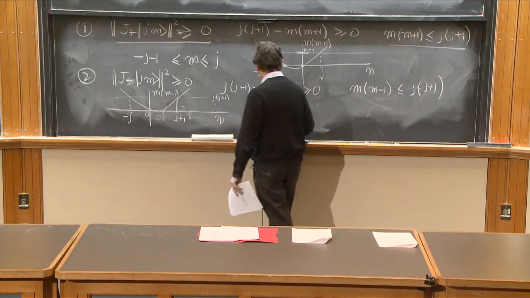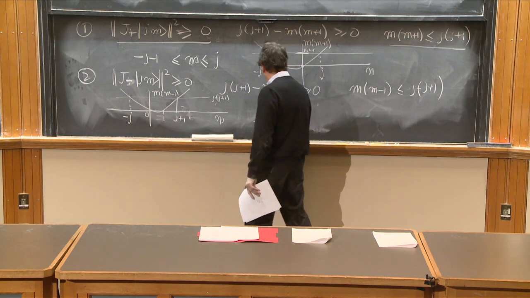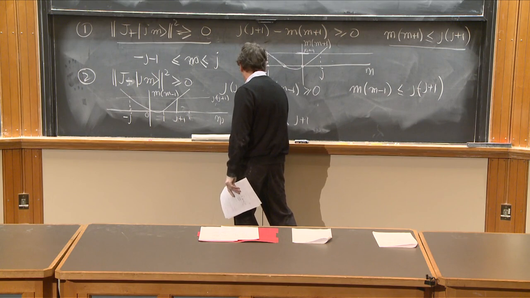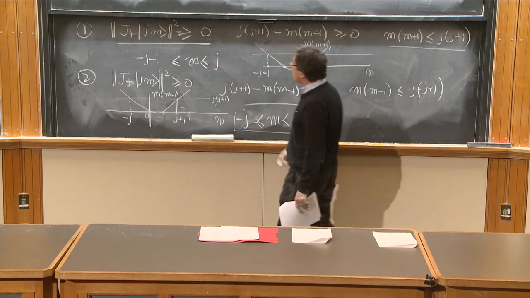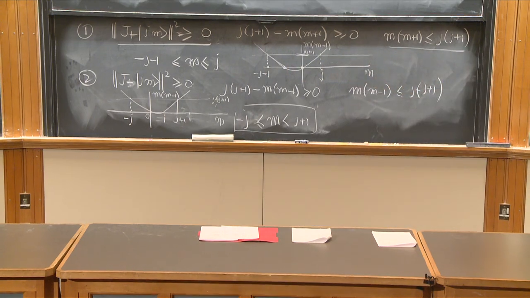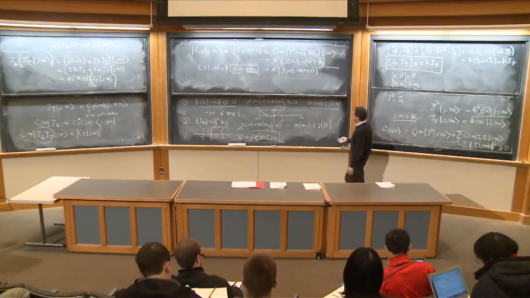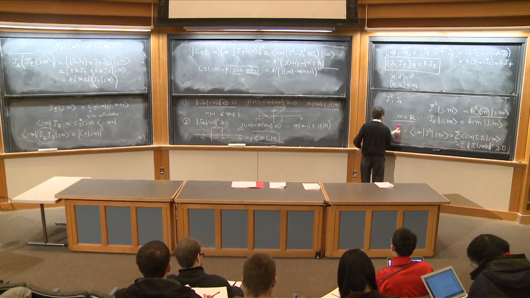Now, m can go less than or equal to j plus 1 and greater than or equal to minus j. But these two inequalities must hold at the same time. You cannot allow either one to go wrong for any set of states.